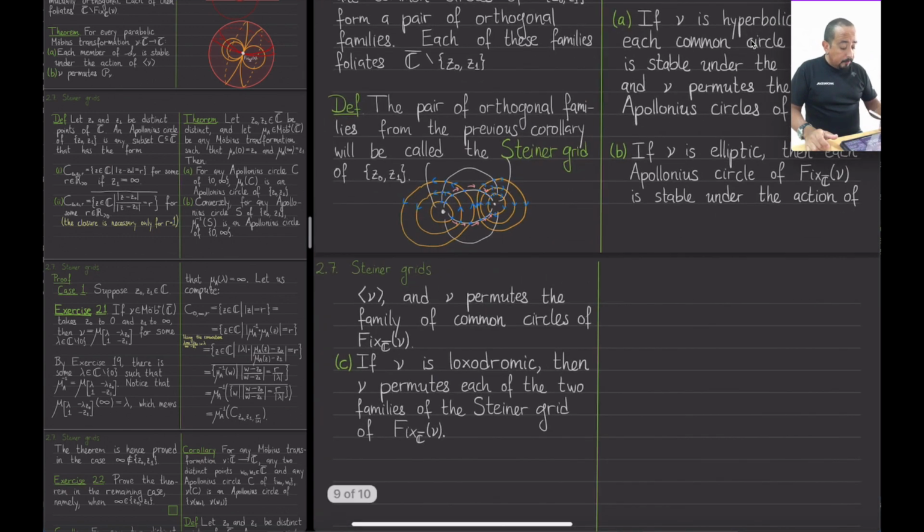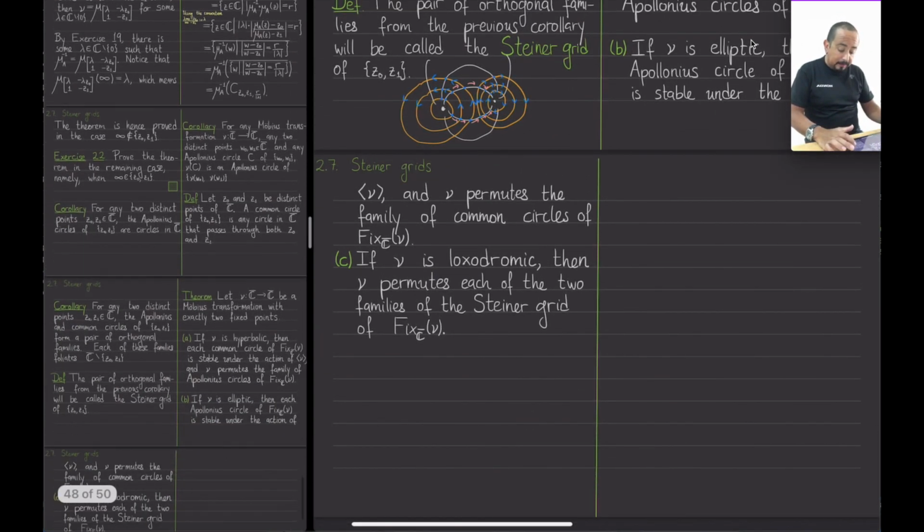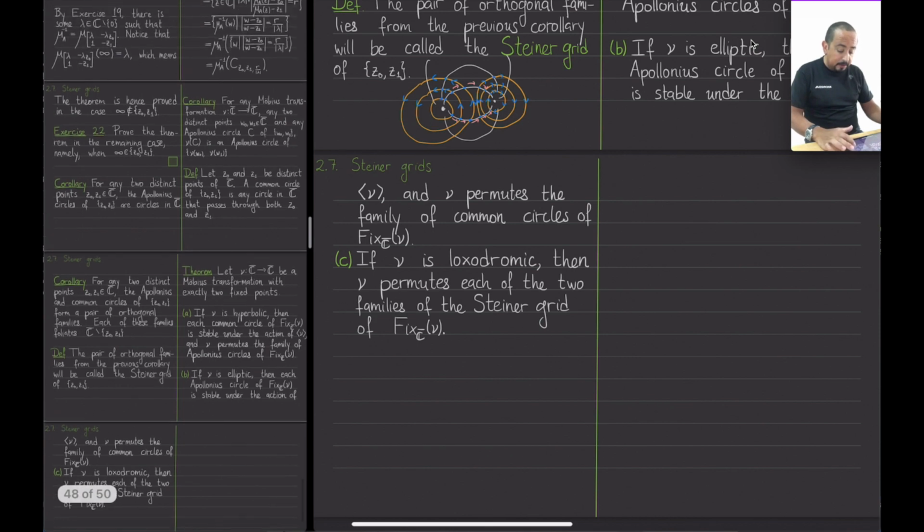Okay, and now finally, what happens in the remaining case, which I have not analyzed yet, which is the case where nu is loxodromic. In that case, neither of the two families is stable, and actually what happens is that each family is permuted, right?